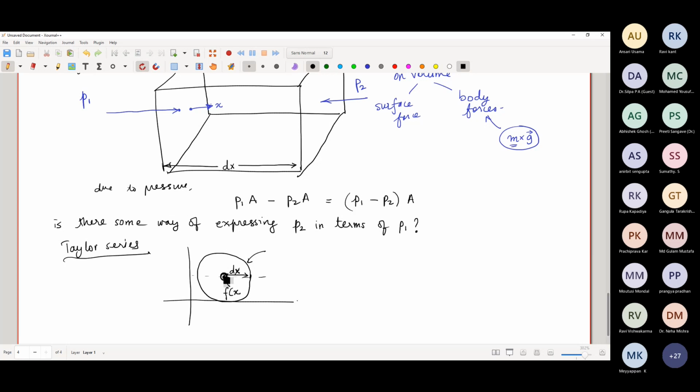So that will be f at x plus delta x, which is f of x plus df/dx times delta x plus d2f/dx2 times 1 over 2 factorial delta x square and so on.